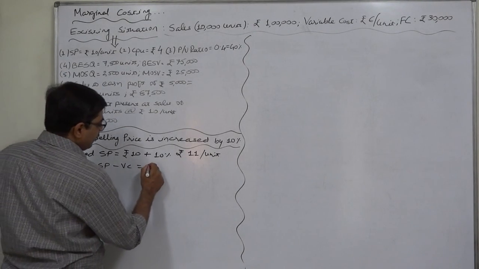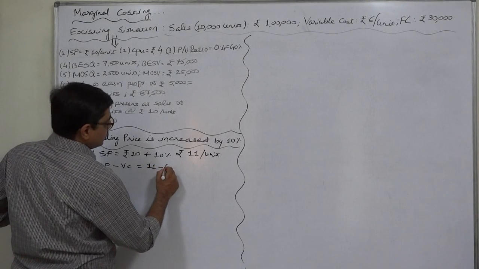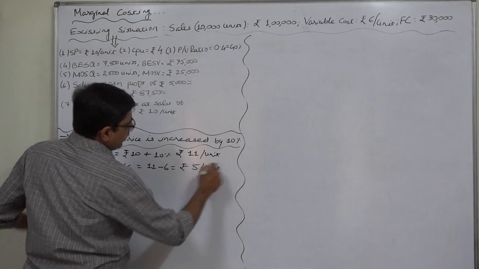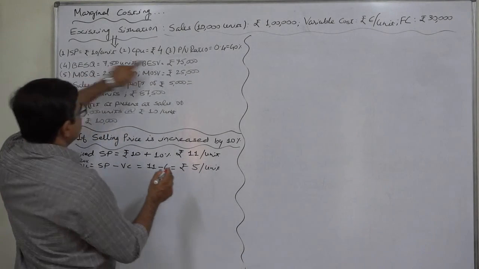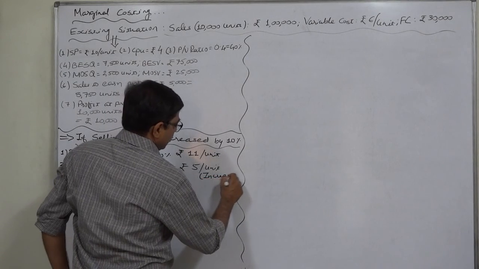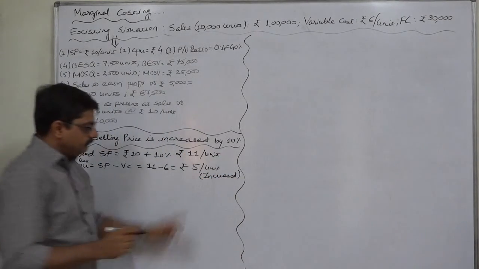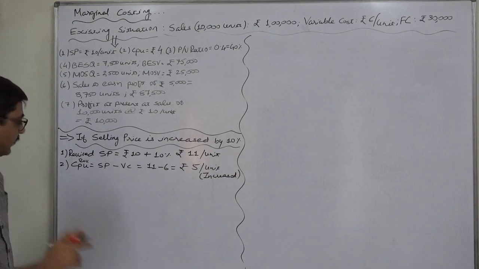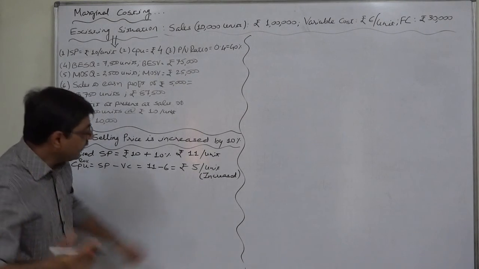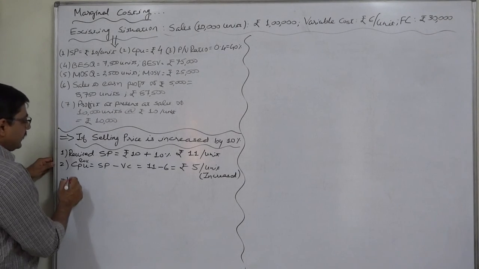So it will now be 11 minus 6. The contribution is now rupees 5 against 4 rupees. Yes, it has increased. In brackets we will write our comment about the effect of this decision.